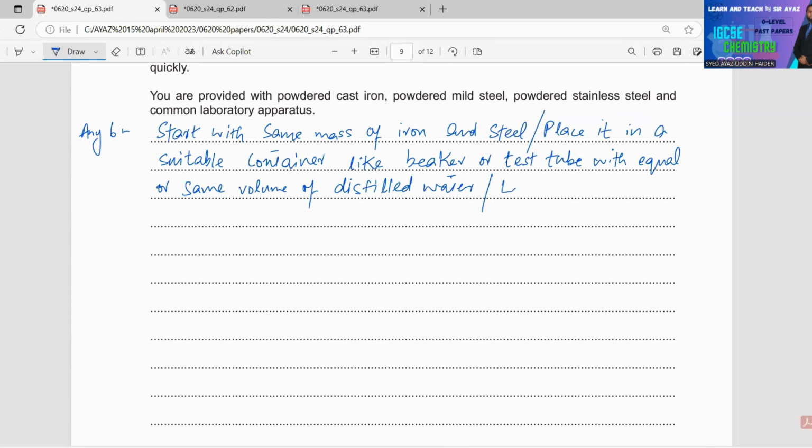The next one, leave it for a suitable period of time. Filter out the iron or rust solid.